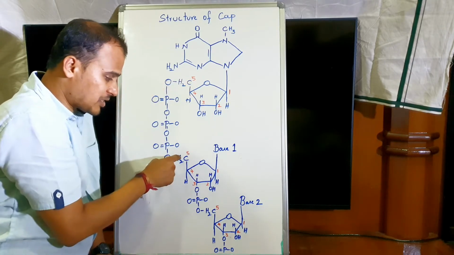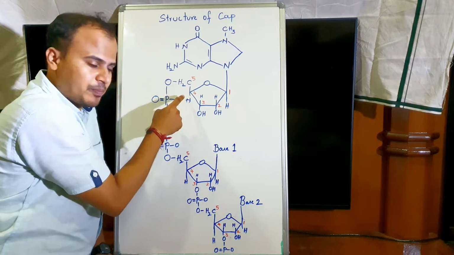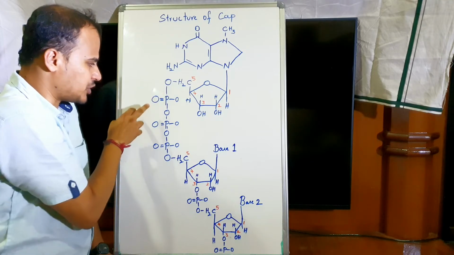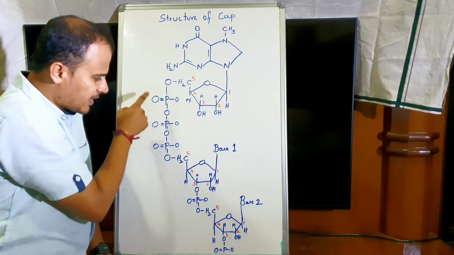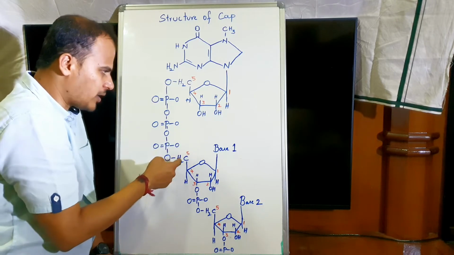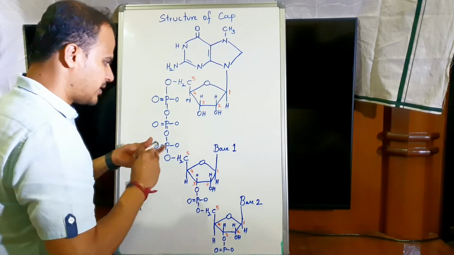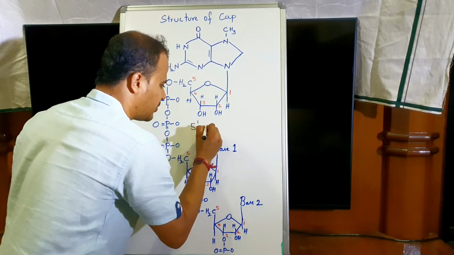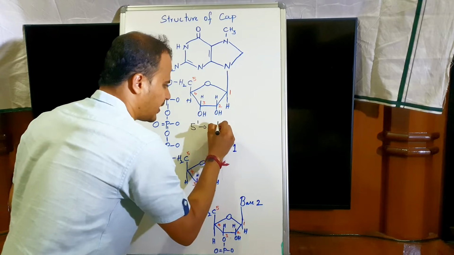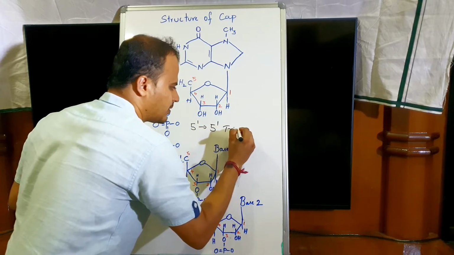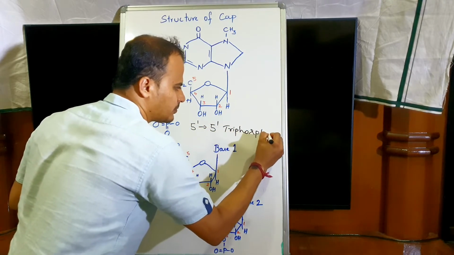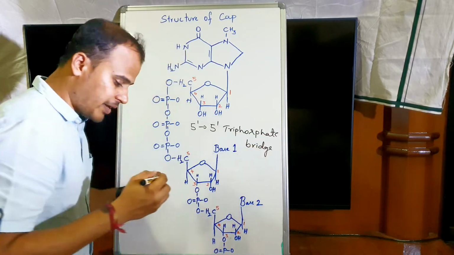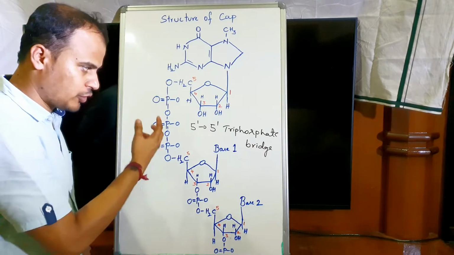The interaction has taken place between 5' and 5', and this interaction is a triphosphate bridge. 1, 2, 3. There are 3 phosphates. So this is called a 5' to 5' triphosphate bridge. This is very unusual among the nucleic acids.